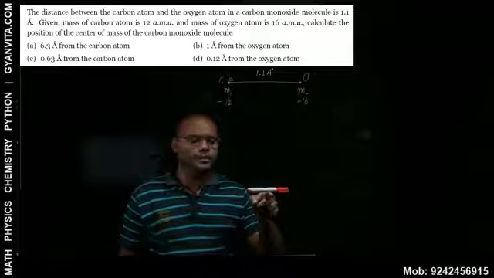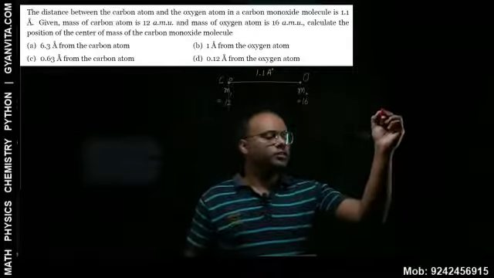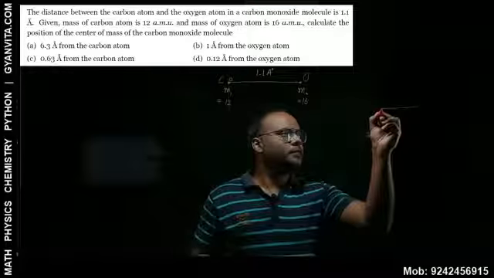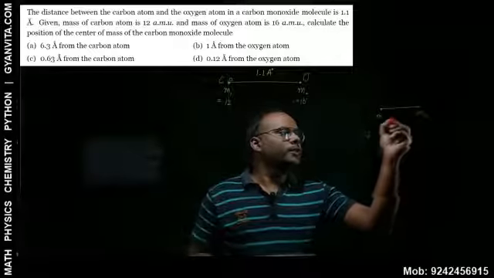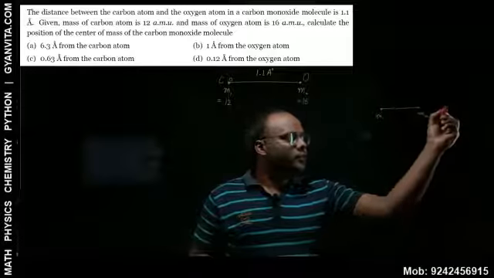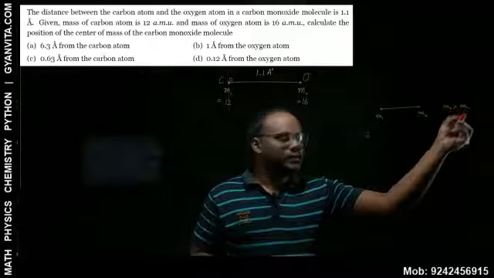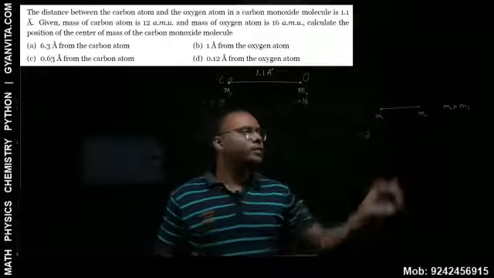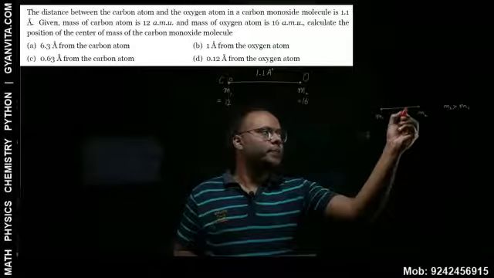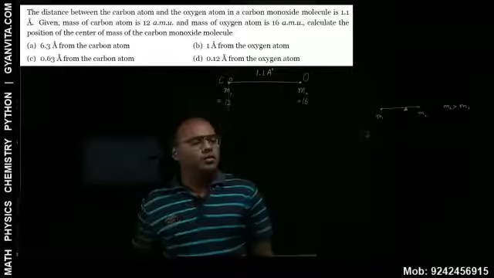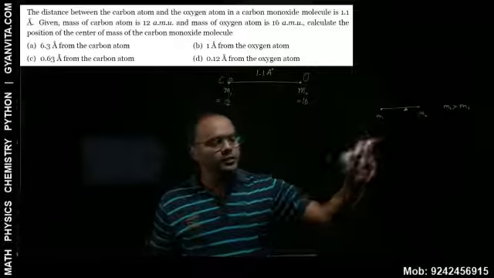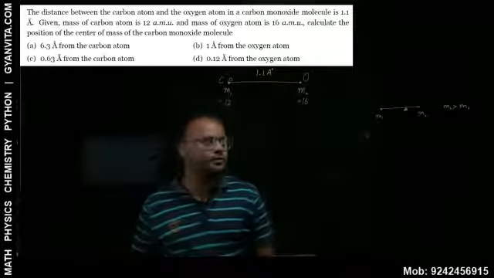It is always like that. So suppose you have this M1 and M2. Suppose M2 is greater than M1. In that case, if you have to balance it, you will have to keep this towards the mass which is heavier, right?